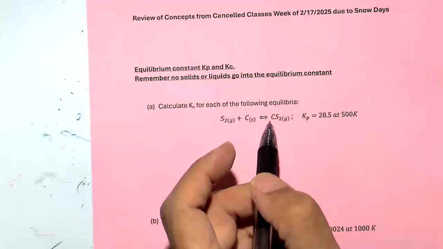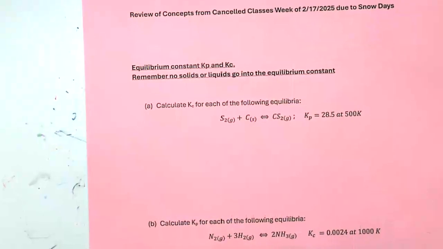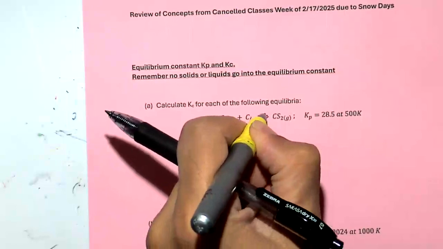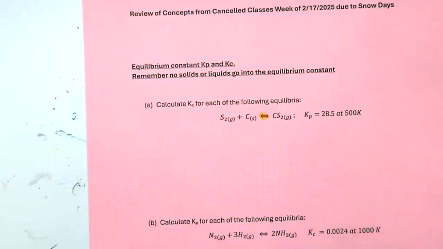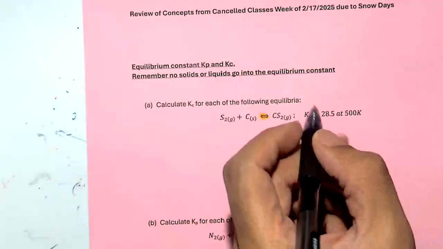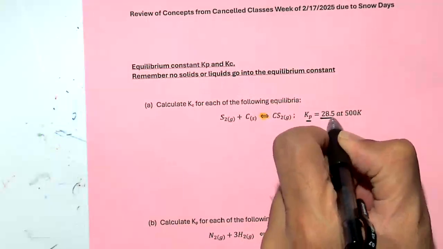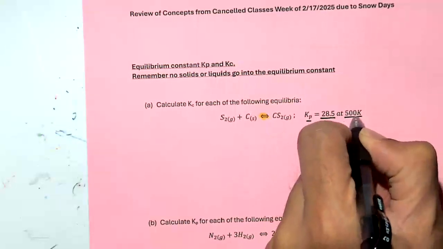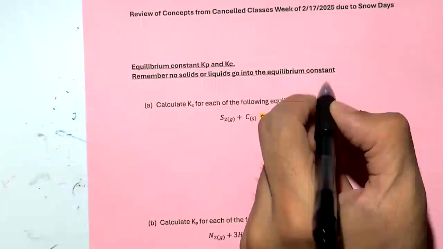First of all, my question to you guys, is this reaction at equilibrium, yes or no? Yes. How do you know it's yes, Susanna? Arrows. Exactly correct. The arrows are going back and forth. And then we have an equilibrium constant Kp in terms of pressure. This is 28.5 at this temperature. Change the temperature, you change the value.